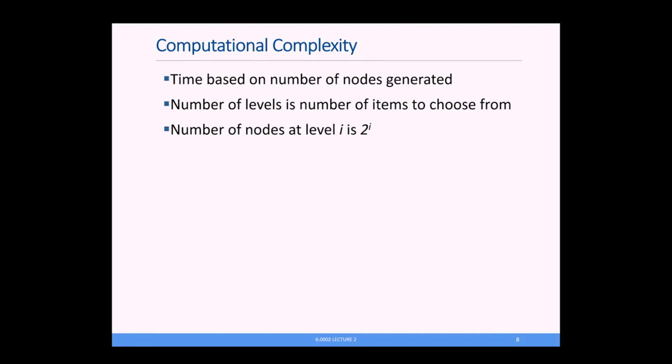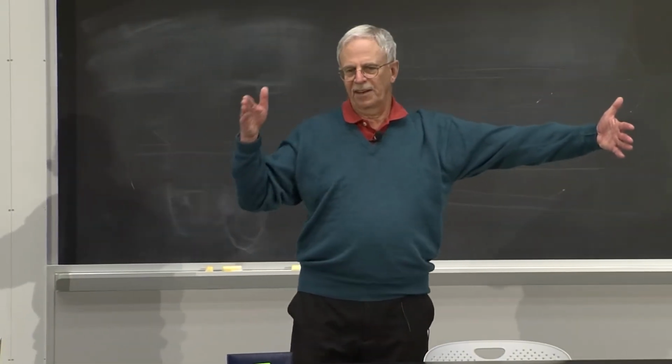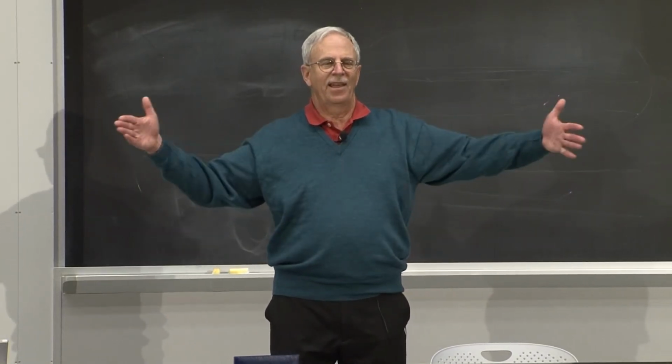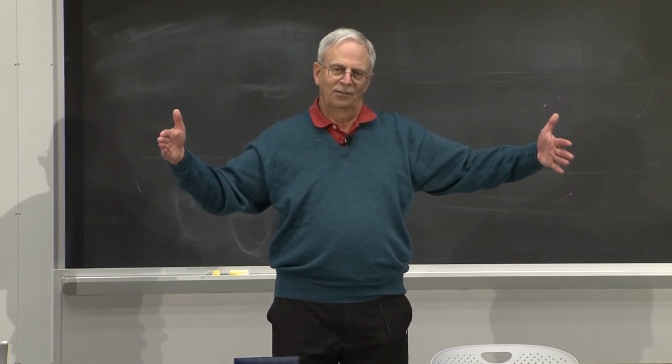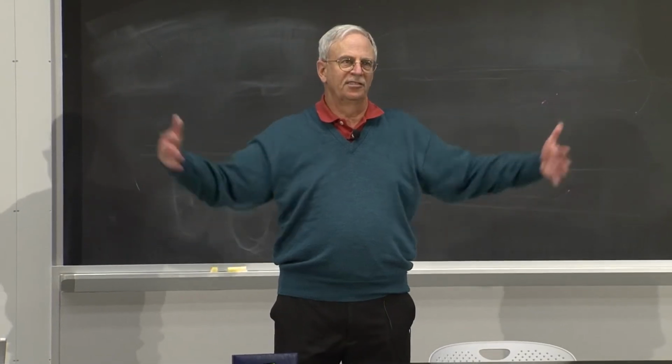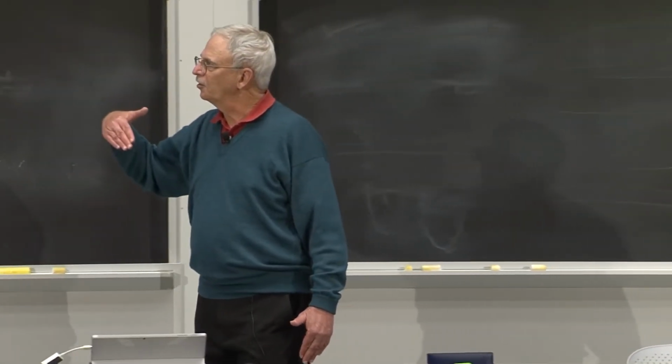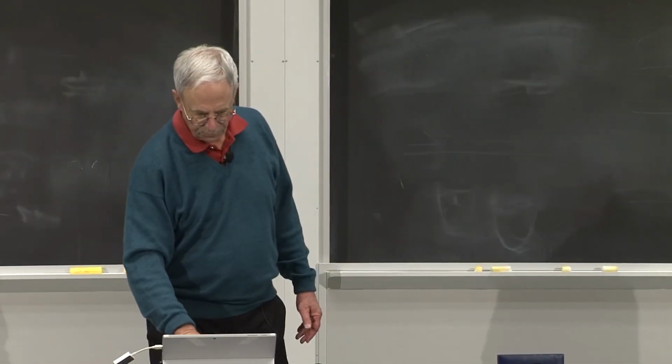That makes sense. If you remember last time, we looked at binary numbers, representing our choices as either 0 or 1 for what we take. If we have n items to choose from, then the number of possible choices is 2 to the n, the size of the power set. And so that will tell us the number of nodes at each level.